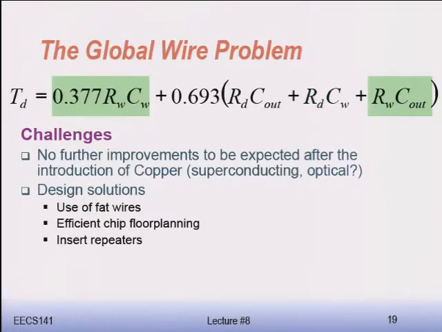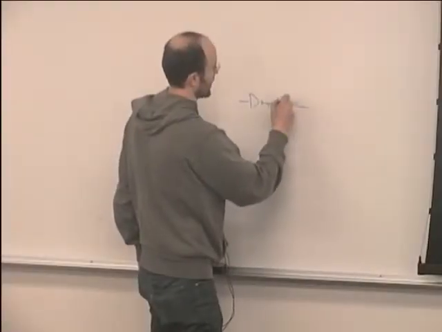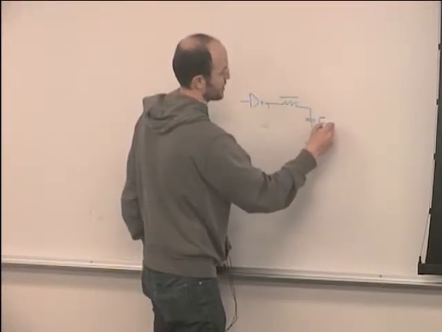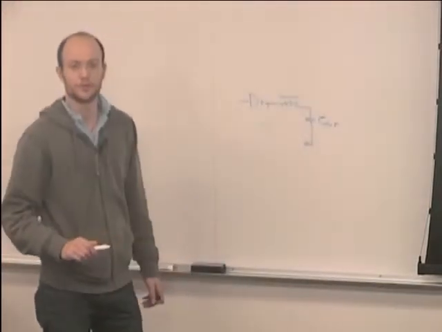And the slightly different thing is a driver driving a wire, but now there is a driver that has actually absolutely no capacitance. It drives a wire, okay? And then it drives some output capacitance C out, okay?